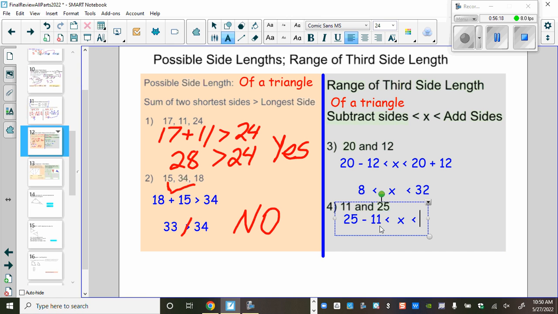Some of you switched that order, and I just wanted to look at you and say, what is going on? And then just subtract 14 less than x less than 36. There you go.